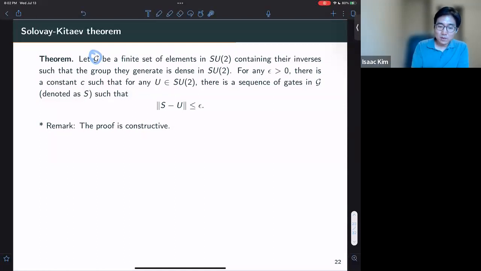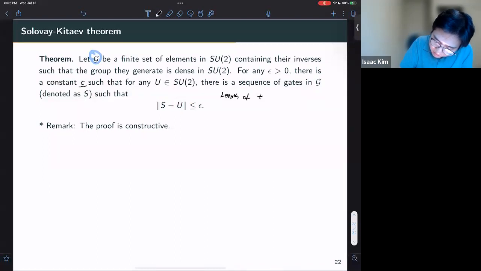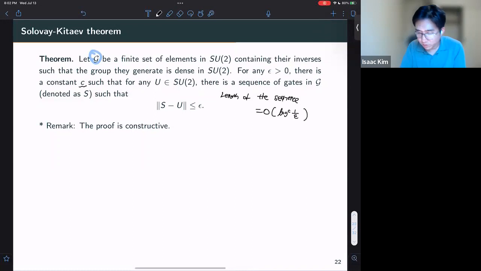What this theorem tells you is that there is a sequence of such gates, and I forgot to mention the important part: there's a constant C such that the length of the sequence is at most log^C(1/epsilon). C turns out to be roughly 3. So the scaling in the error is polylogarithmic.